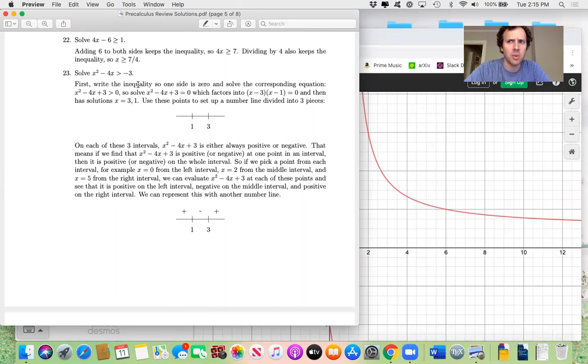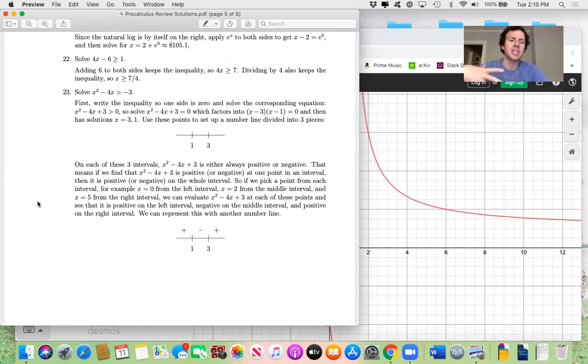Sorry, I'm trying to think about what the best way to explain this is. As a comparison of an easier inequality, if you don't have any powers of x, so in 22 here, it's 4x minus 6 is greater than or equal to 1.